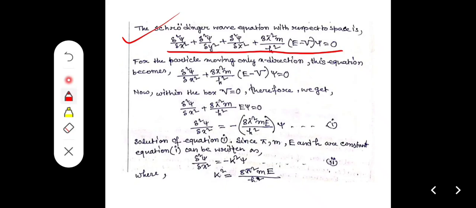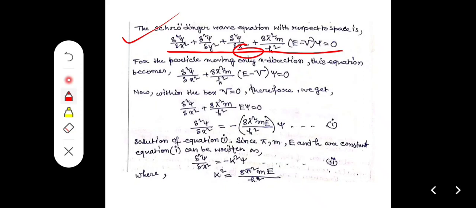That should be z, okay? Here m is the mass of the particle, h is Planck's constant, E is the total energy, and V is the potential energy.